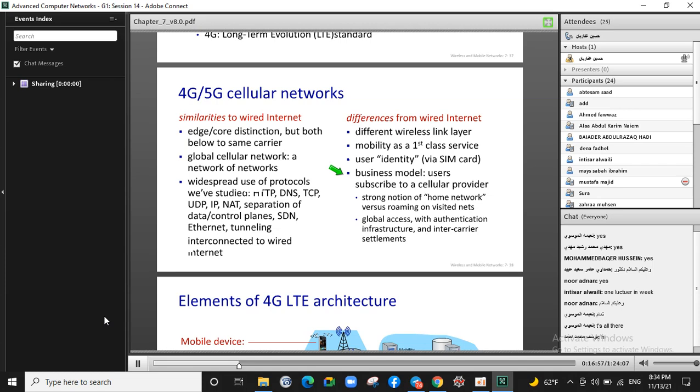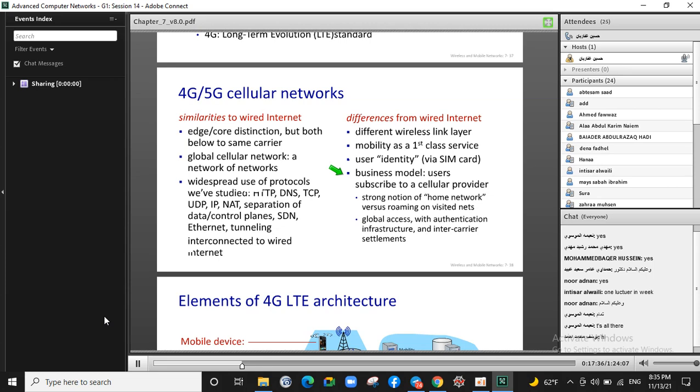Again, I'm moving across the country. If I'm in Iraq and I travel to Mashhad, at the same time the telecommunication company should know and authenticate me: okay, Hossein is in Mashhad. So they authenticate me, and then they will send me a bill at the end of the month.